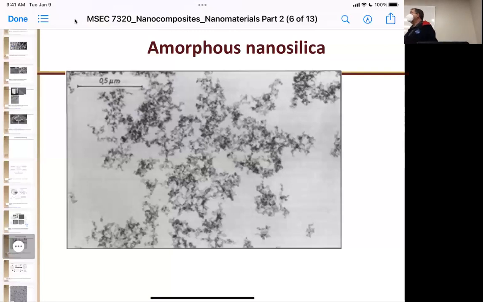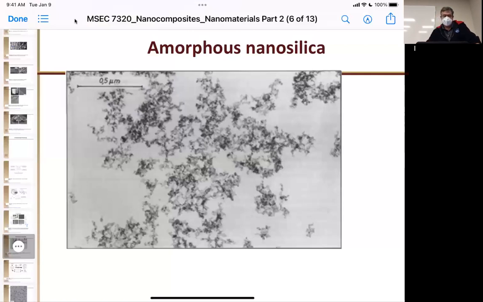And with the different grades, you can get different overall structures, both macroscopic and microscopic. And these can be dispersed very well in things that hydrogen bond or things with low viscosity. But because of their surface area and their surface energy, they can have a huge effect on the thickening of your solution.